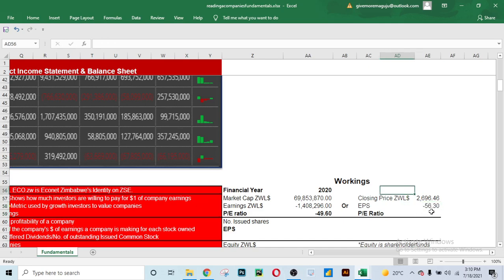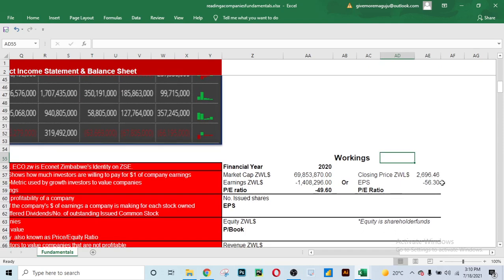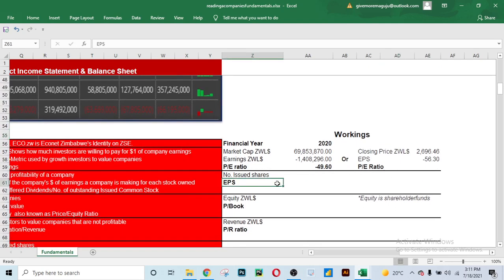Okay, right, which is perfect. Right, or before we do that, before we even think of finding our EPS, remember we have a formula here where we want to calculate our EPS. Okay, so we can even find the number of issued shares. So let's start by calculating EPS, and then we can conclude calculating the price earnings ratio there.